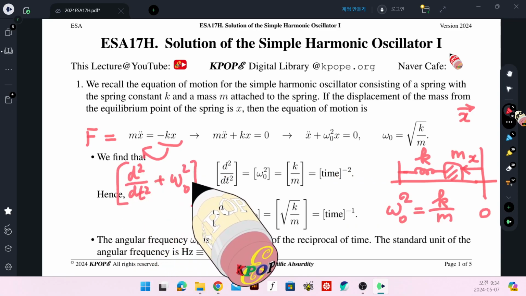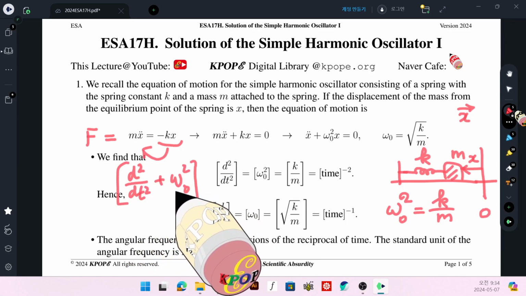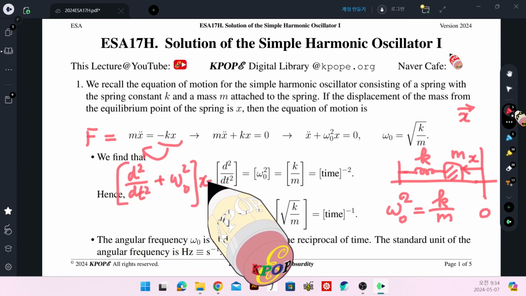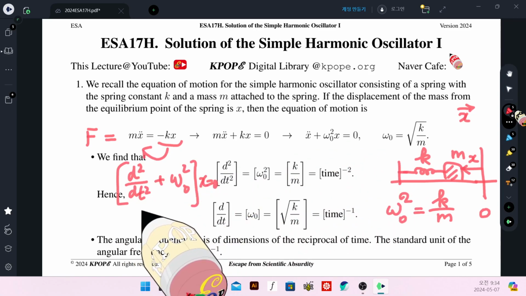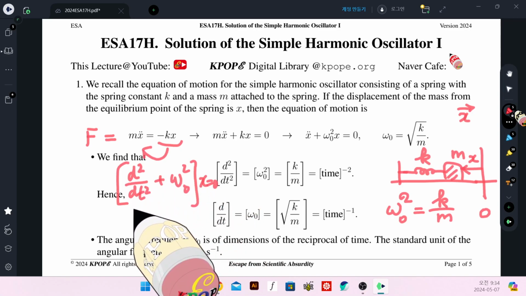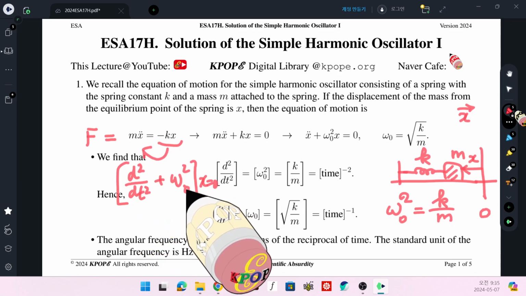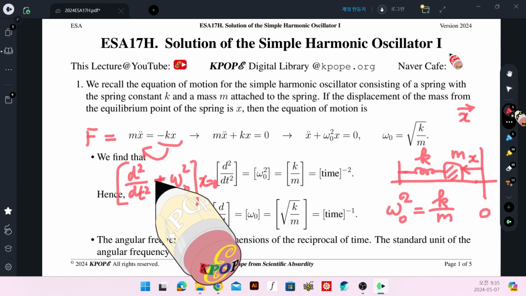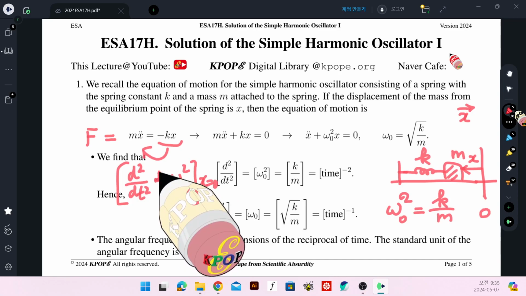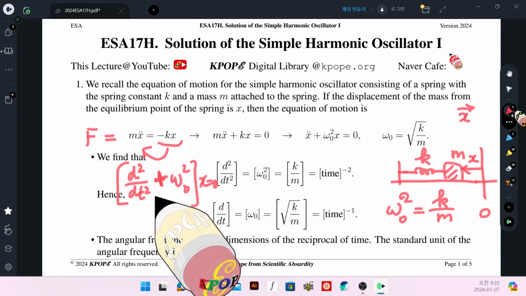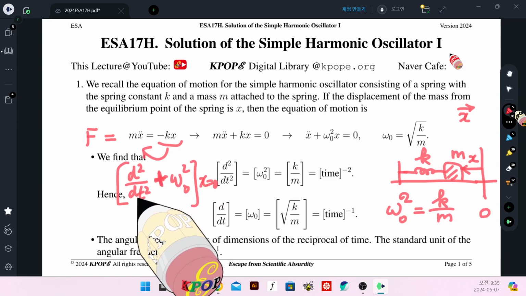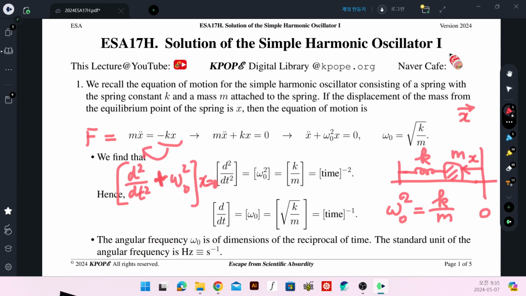Let's see. We find this is a second order time derivative, and this is omega 0 squared. Both of them apply to the displacement. Because the second order time derivative and omega 0 squared are summed, both of them must be of the same dimensions.